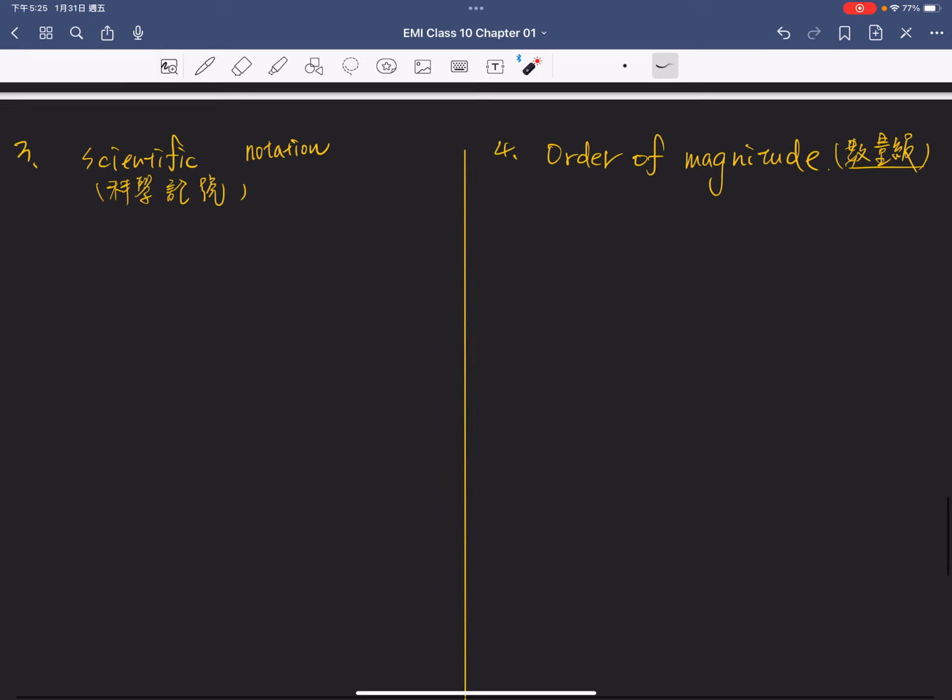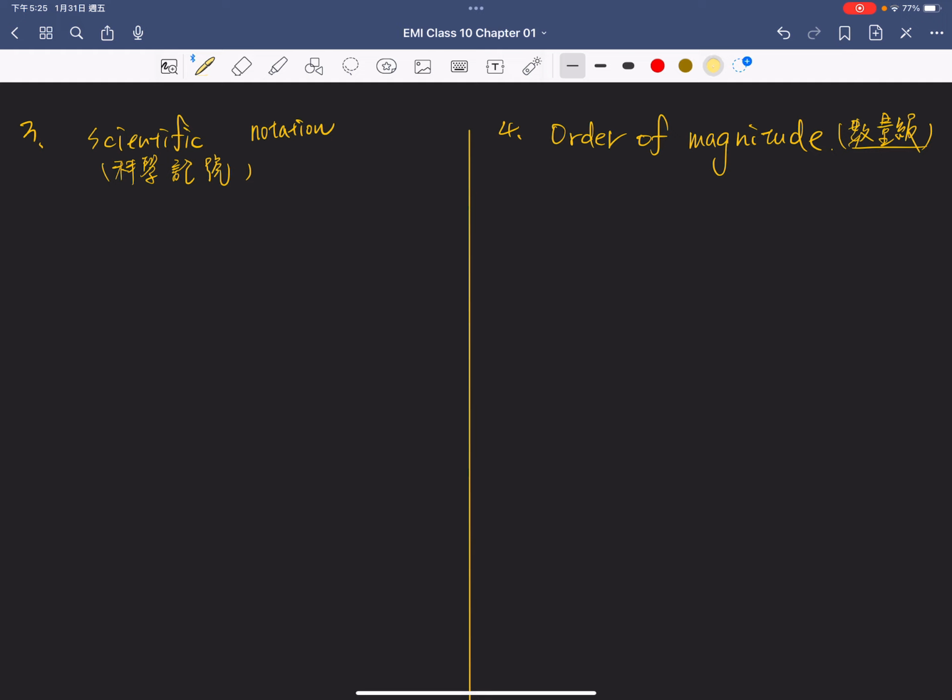I know lots of students may have already learned it, so I will just review these ideas. For example, 3.28 times a power of 10. In scientific notation, the term a must be bigger than or equal to 1 and smaller than 10, and the exponent b is an integer, which can also be negative. This is the scientific notation.